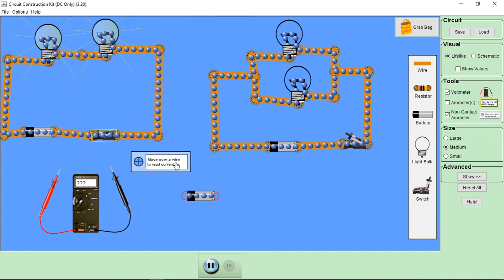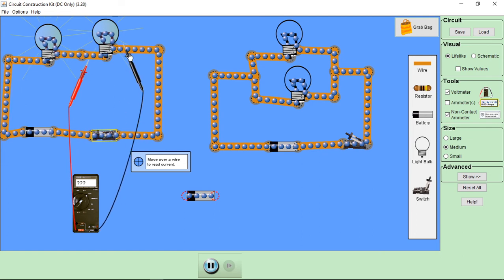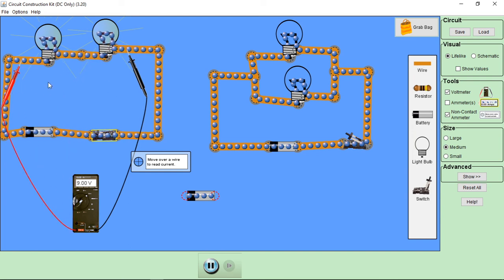So let's see voltage. Voltage at this point here, 4.5. This point here, 4.5.